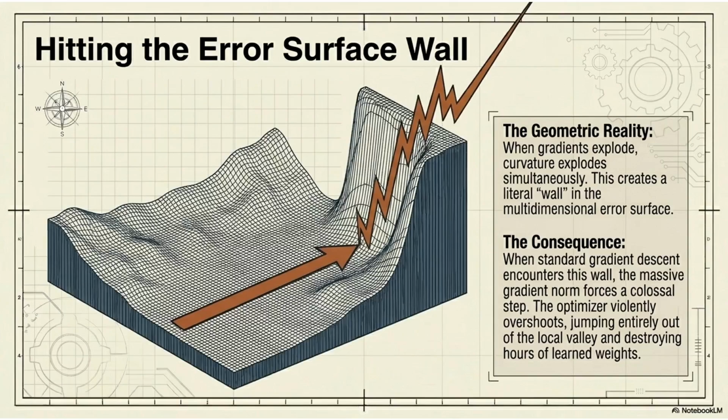When standard gradient descent encounters this wall, the massive gradient norm forces a colossal step. The optimizer violently overshoots, jumping entirely out of the local valley and destroying sometimes days or hours of learned weights.